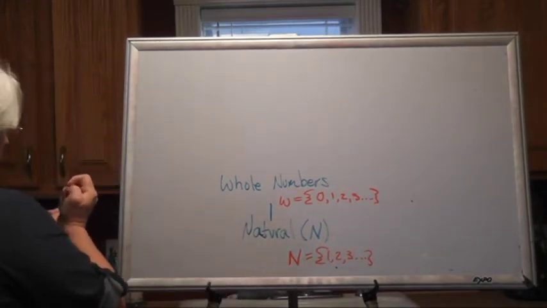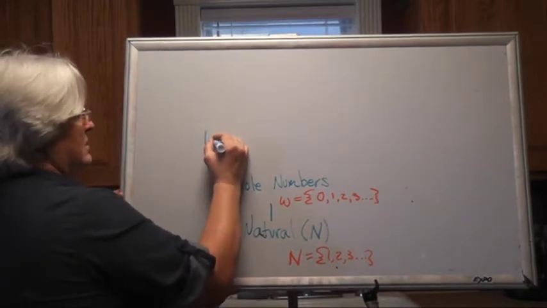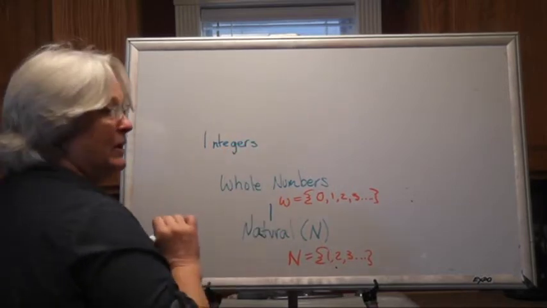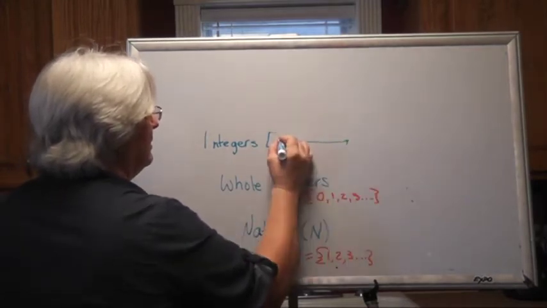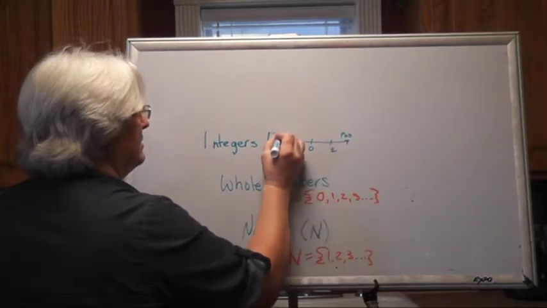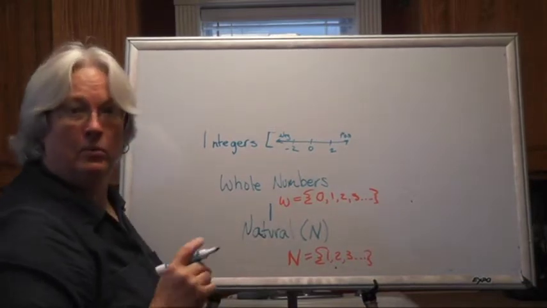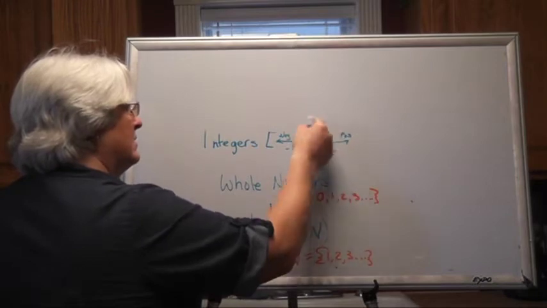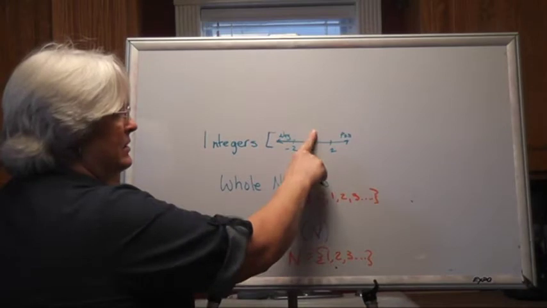Now we have the integers. We're getting a bigger set of numbers, and integers is what we worked with on the number line. We have our little number line here, we have 0, we have positive numbers, and then we have negative numbers. What we do with integers is add the opposite of all of the whole numbers except for 0. 0 doesn't have an opposite.